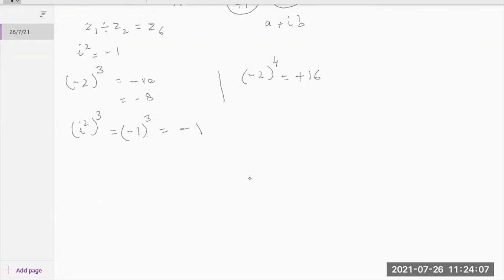But now, supposing I have i squared to the power of 4. Again, i squared is taken as minus 1, to the power of 4. A negative number raised to an even power gives you a positive quantity, that is plus 1.